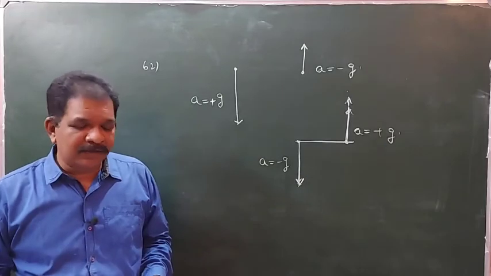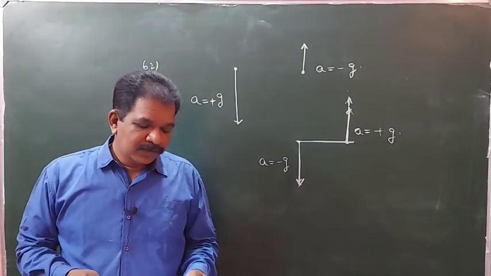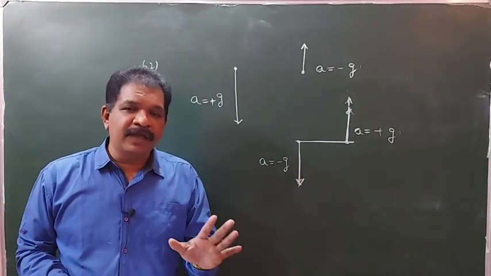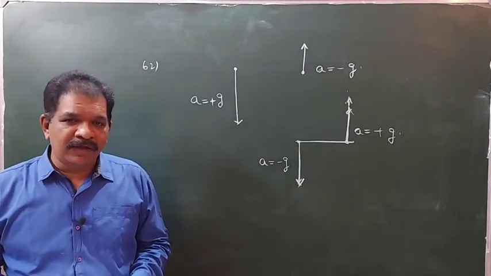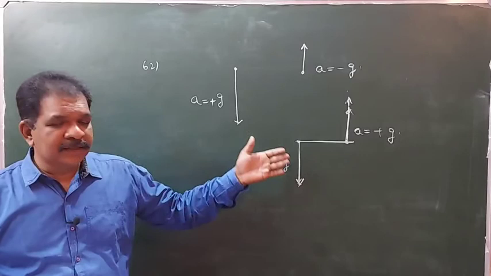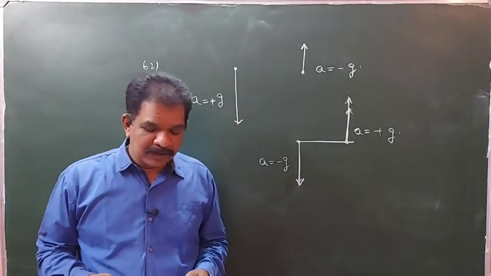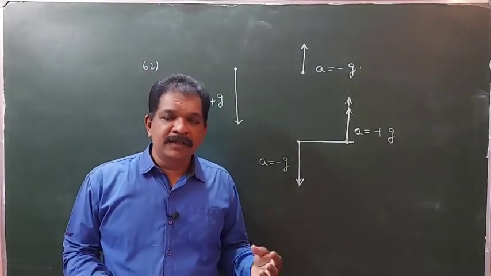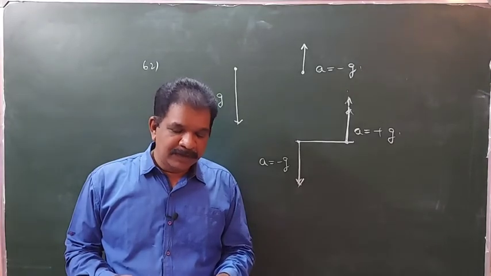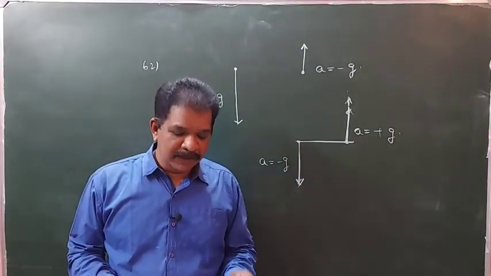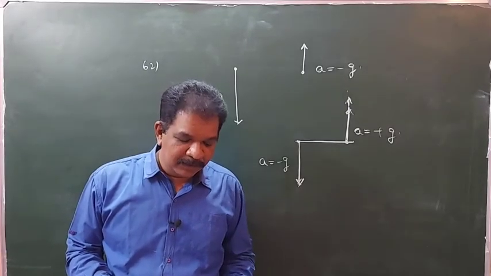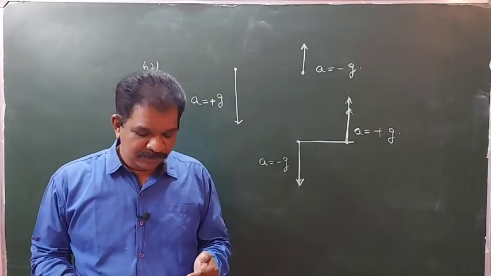It depends on the chosen axis. So the sign of the acceleration generally won't specify whether the body is speeding up or slowing down. It depends on the axis chosen by us. So the third statement will be wrong.